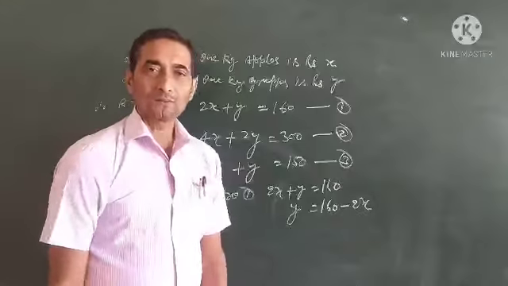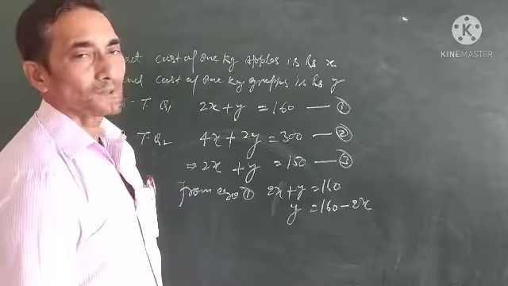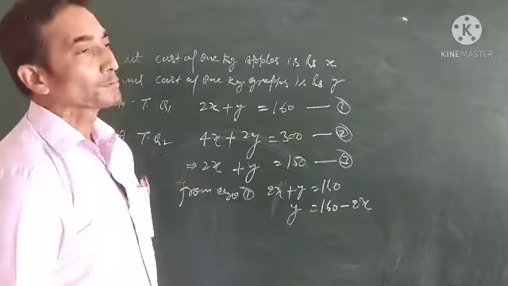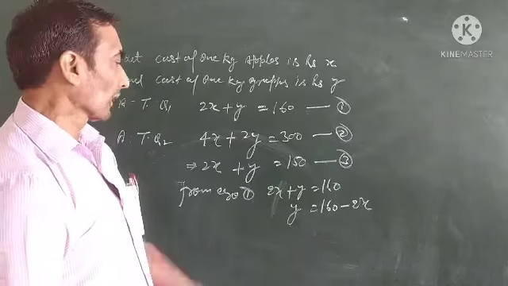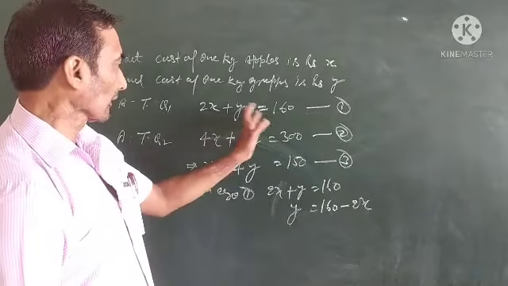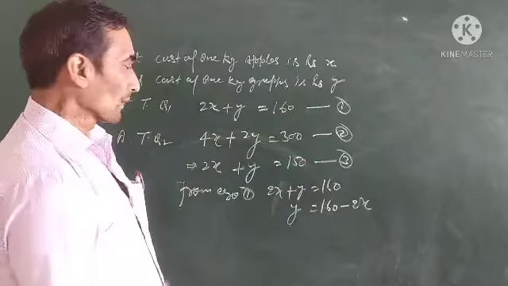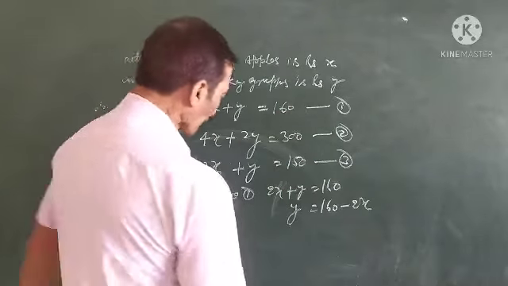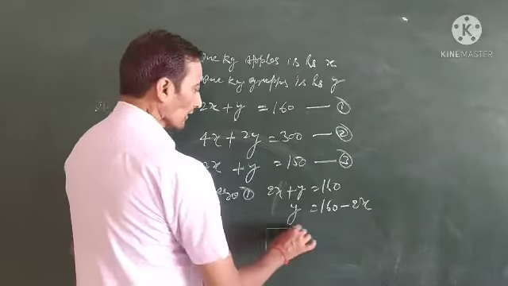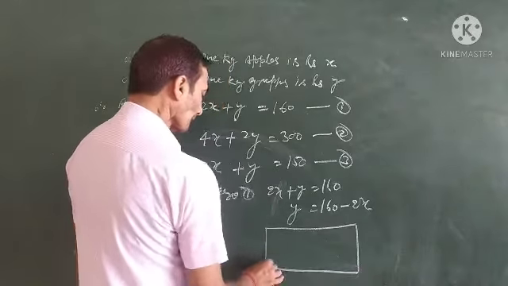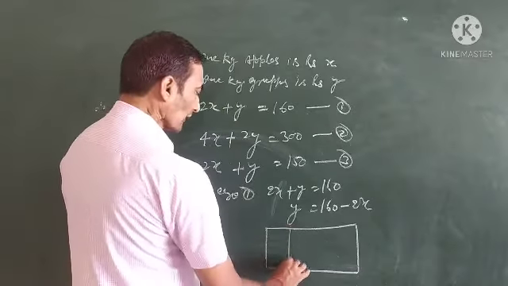Already we tried to find the value of y in terms of x. So by this process, from equation number 1 we transfer to x and get the value of y in terms of x. Prepare data in x and y.